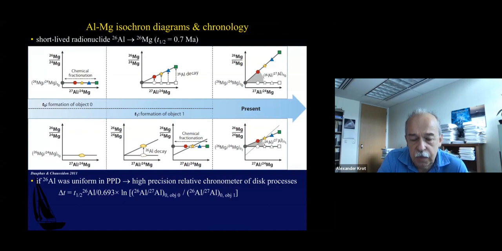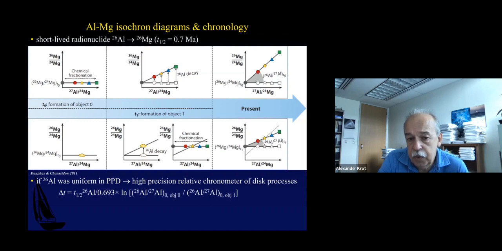So now let's make the situation more complicated. Let's say that the same kind of reservoir, represented by the yellow star, evolves before chemical fractionation. Before this chemical fractionation, aluminum-26 will decay, so the magnesium 26-24 ratio will increase, and then you will have chemical fractionation.